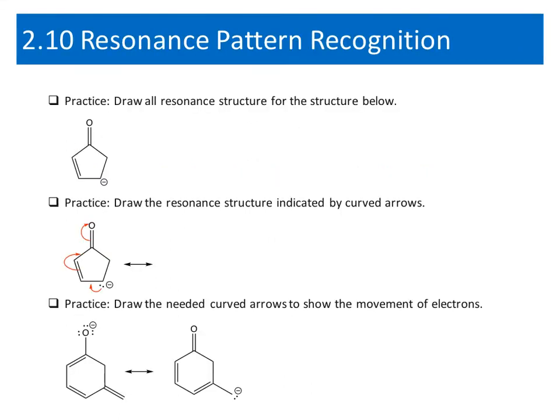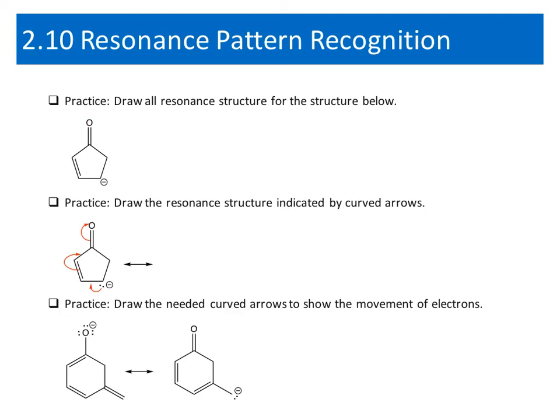A few practice problems here. The first one is asking to draw all resonance structures for the structure shown here. Before recognizing the patterns, what I suggest you do is to draw all lone pairs of electrons on a molecule. That makes your life much easier while recognizing the patterns and drawing resonance structures. So I start with oxygen, divalent oxygen.